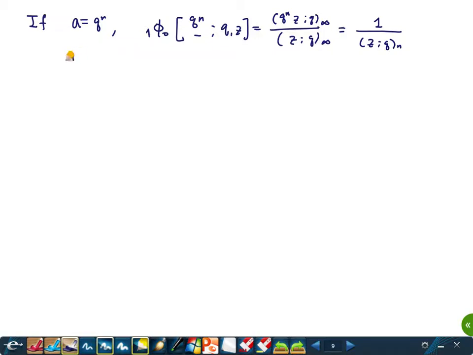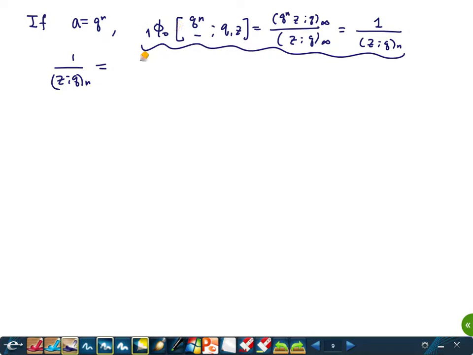And what is this? Let's write this using a more familiar term. I'm just rewriting this.